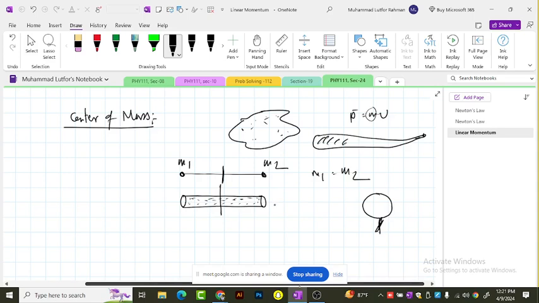But in reality, you will find some objects which do not have a uniform distribution, even though this rod could look like that. It's a non-uniform distribution of the mass. Mass is more concentrated in that region. In that case, the center of mass is not going to be at the midpoint. It will be shifted towards the more massive region.